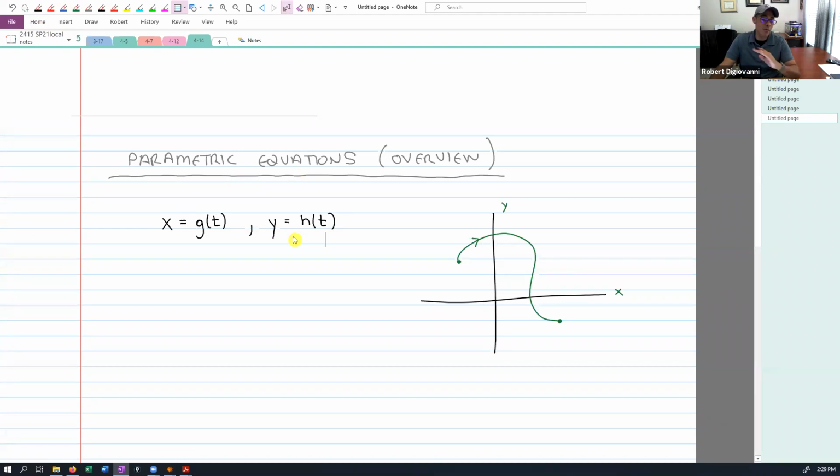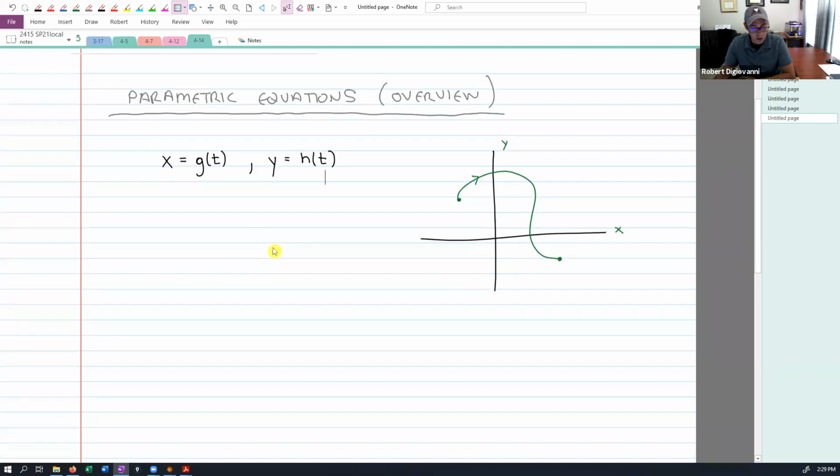We have seen this, it's not completely brand new to us, but there are a few different shapes that I want to make sure we know how to find parametric equations for. Think of t as a clock running in the background. As the clock runs, it starts spitting out x and y coordinates, ordered pairs, and you move along the curve.